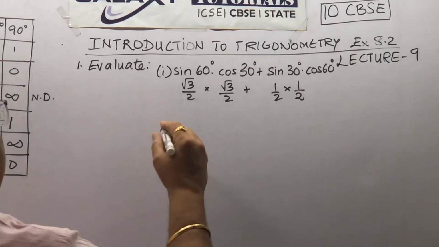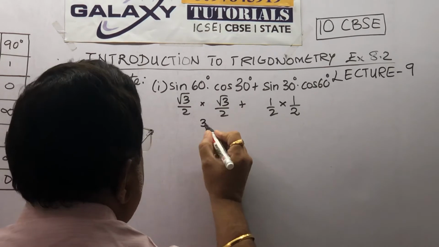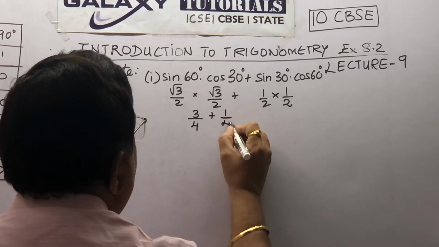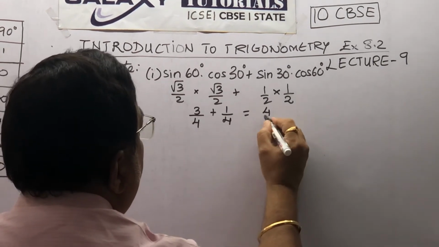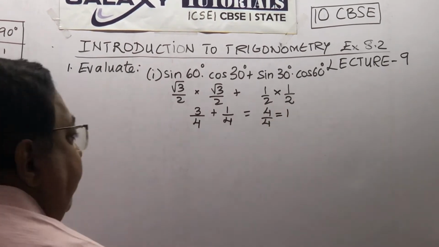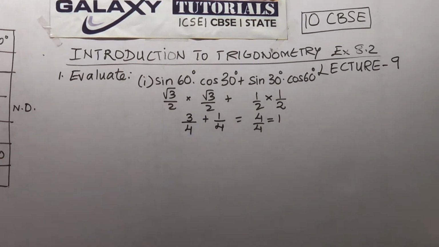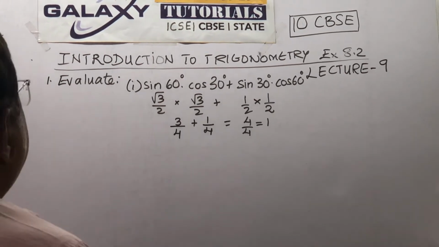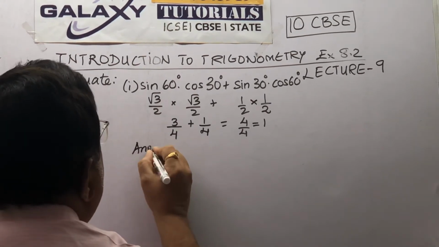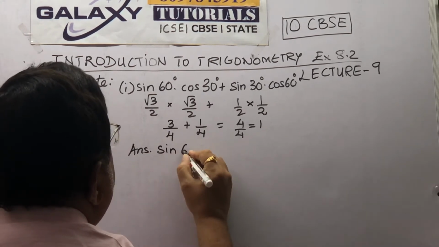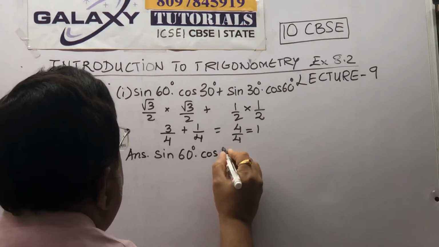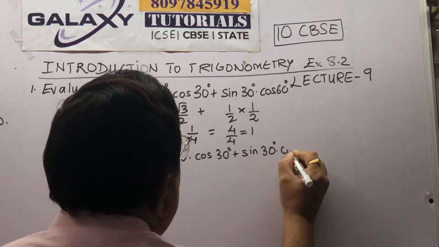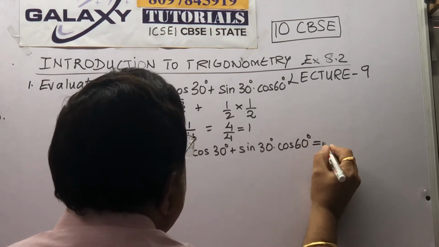Okay, so root 3 into root 3 is 3. 2 2s are 4, plus 1 upon 4. That is 4 upon 4, that is 1. And you will have to write the conclusion for this, that therefore sine 60 into cos 30 plus sine 30 into cos 60 is equal to 1.